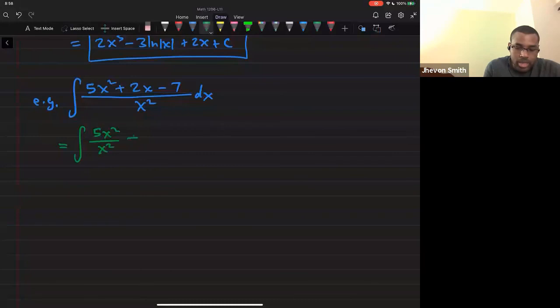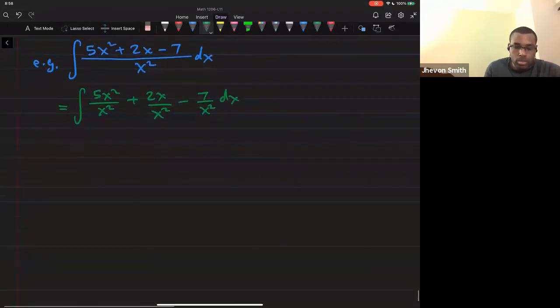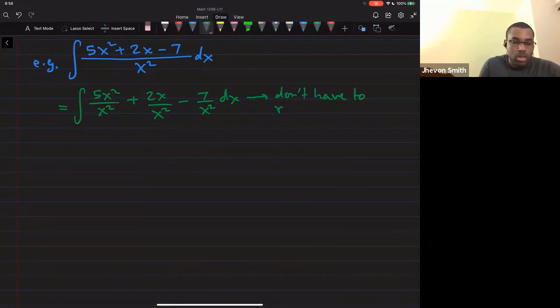It's legal to just divide this into each part. You don't have to write this line. So you would be able to simplify this.